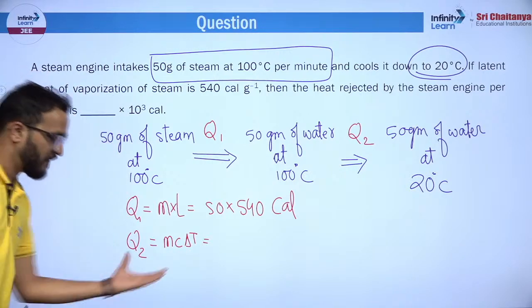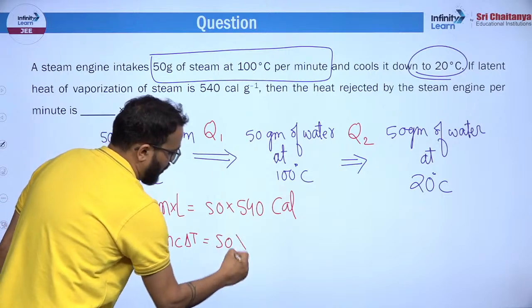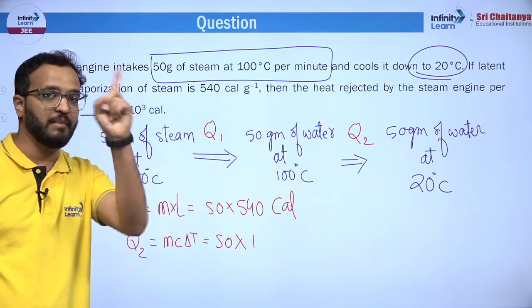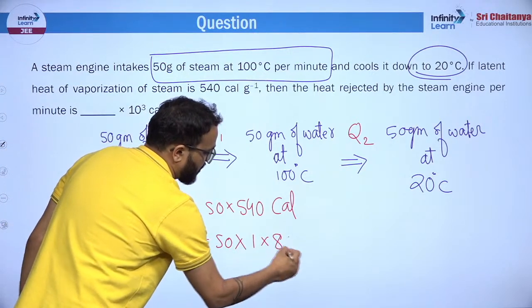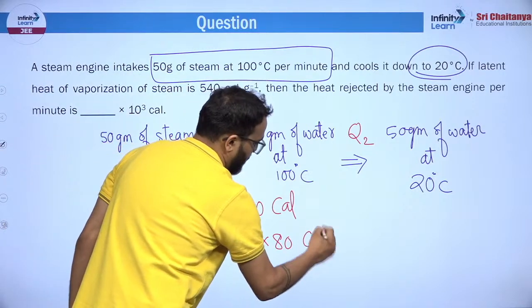Why? Because this is not the phase transformation happening, right? So what is m? 50. What is c? 1. For water, the specific heat capacity is 1 calorie per gram per degree Celsius. Into temperature difference is 100 minus 20, that is 80. Do it. So these many calories.